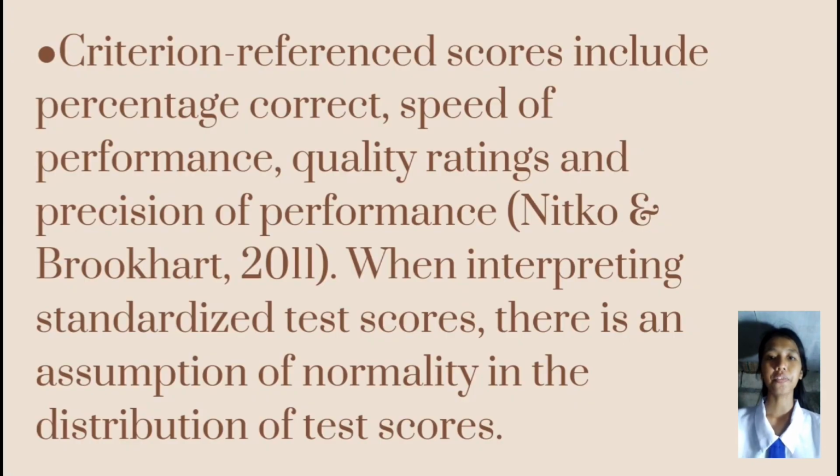Criterion reference scores include percentage correct, speed of performance, quality ratings, and precision of performance, according to Nitko and Brookhart 2011. When interpreting standardized test scores, there is an assumption of normality in the distribution of test scores. This is not necessary in a criterion reference framework.